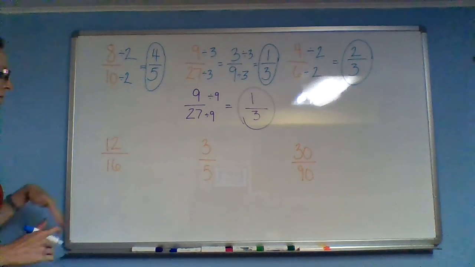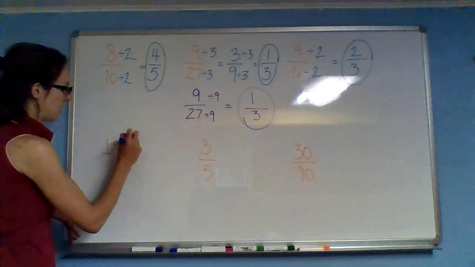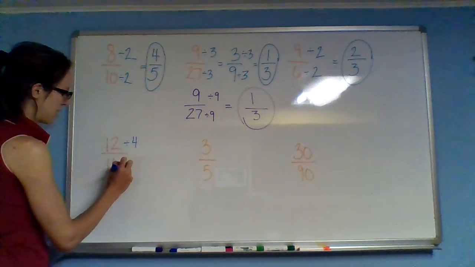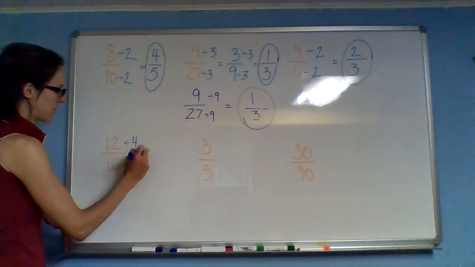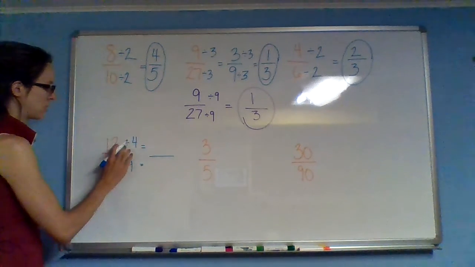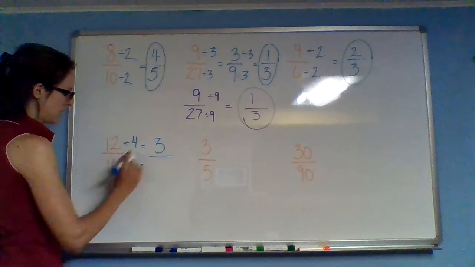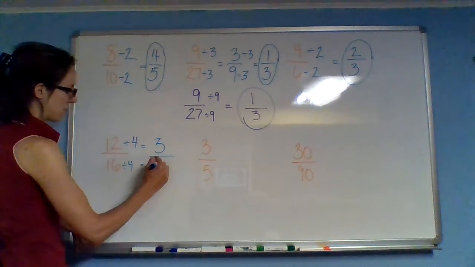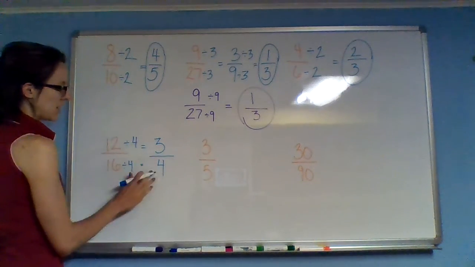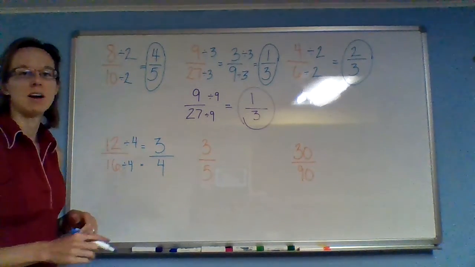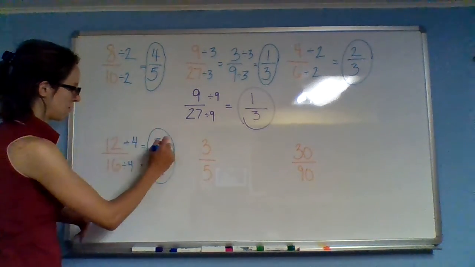In both these numbers, I heard 4 as something I could divide by. 12 divided by 4 is 3. 16 divided by 4 is 4. I check to make sure that's as simple as it can go, and I know that I'm done.